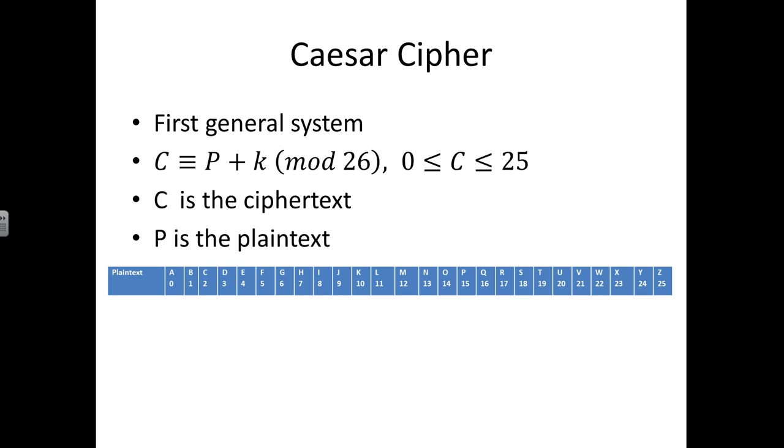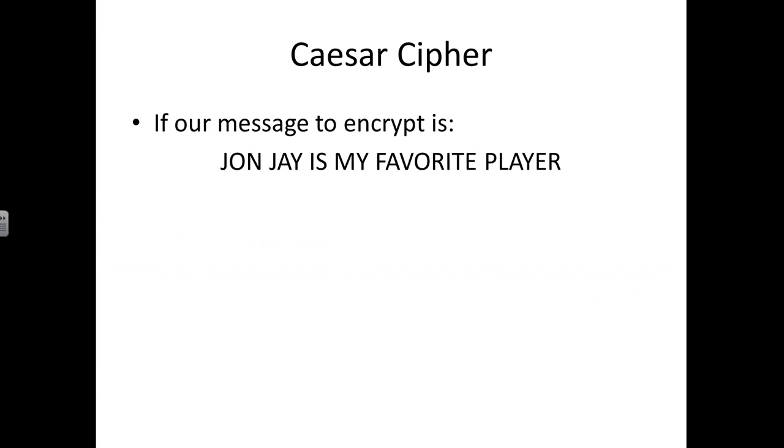So if I had the message to encrypt as John Jay is my favorite player, I know that last night he had a rough game, but you know what? I like to support the underdog, so he's my favorite. If I was going to encrypt this message, first I am going to write down what each of these letters are in the plain text.